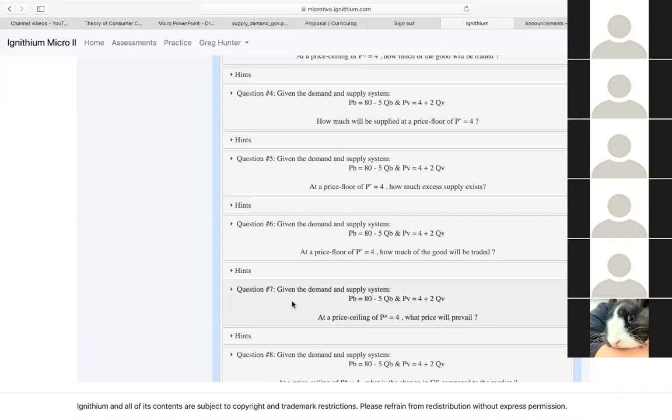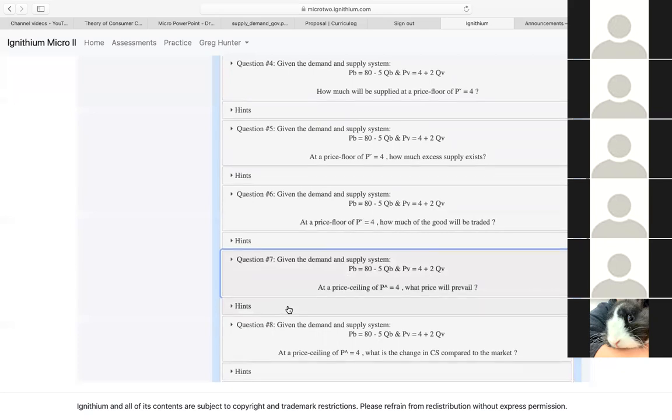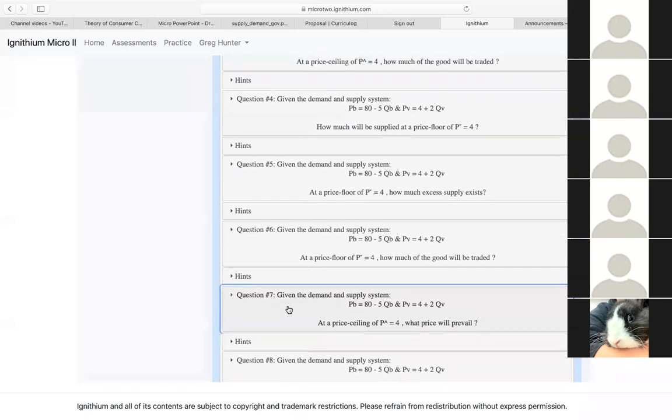Now, for all of you doing questions 4, 5, 6, and 7, since they're all related, also do the other ones so we can get a poll going and back each other up. If I was going to solve these questions, I would draw my diagram for the price floor, determine if it's binding or not, and then see if there's excess supply or excess demand, and characterize the equilibrium.